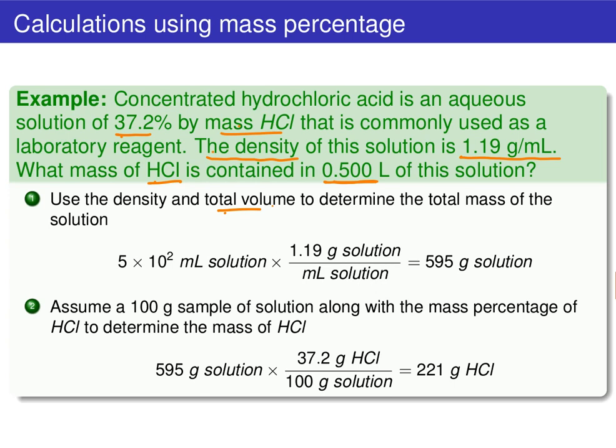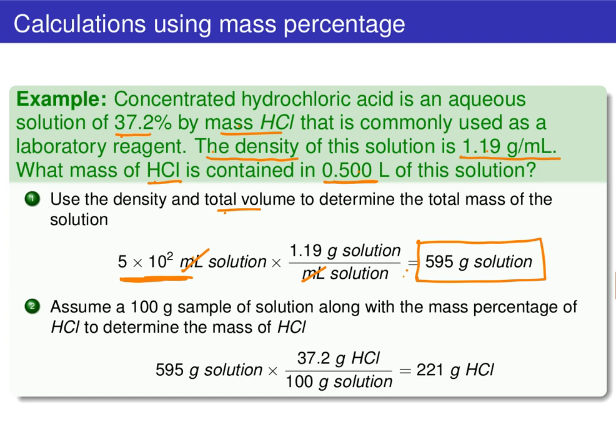And so the density is given to us as 1.19 grams per milliliter. So I'm going to take that half a liter and convert it into 500 milliliters of solution, multiply by the density. Notice milliliters cancels out when we do that, and we will be left then with the mass of solution, which is 595 grams of solution.